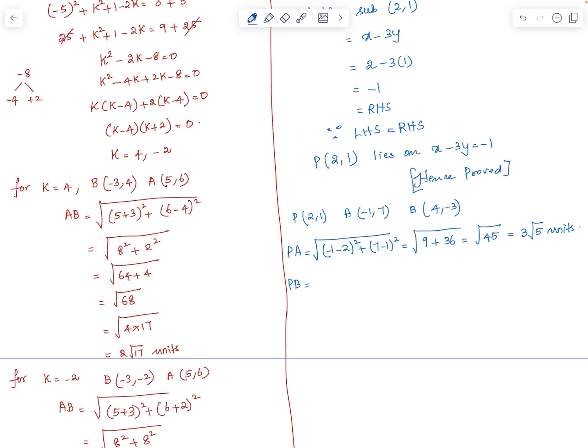PB is equal to square root of (4 minus 2) the whole square plus (-3 minus 1) the whole square, which is root of 2 square, which is 4, plus (-4) square is 16, which is root 20, that is 2 root 5 units.